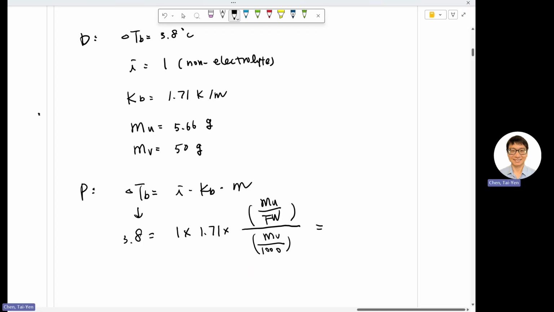Here you see that your data tells you the mass of your solute is 5.66. You don't know the formula weight. You know the mass of your solvent is 50 divided by 1,000. Right?